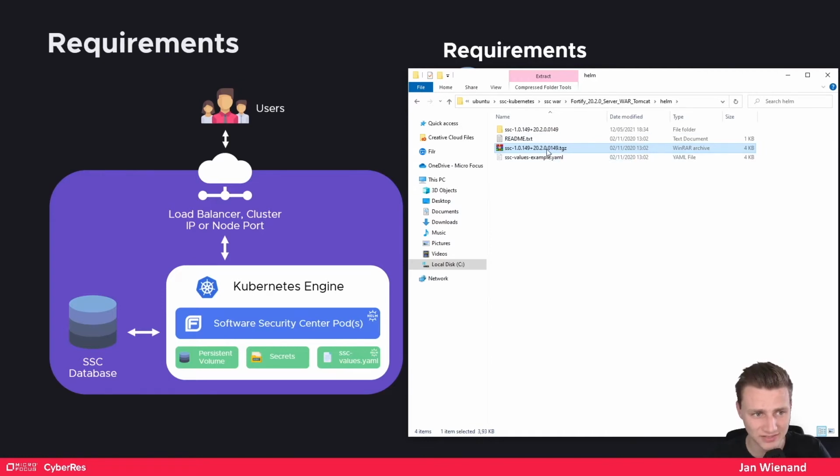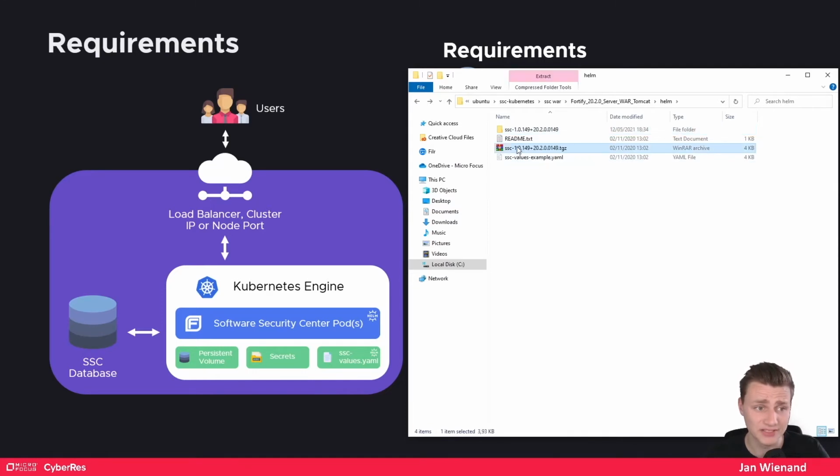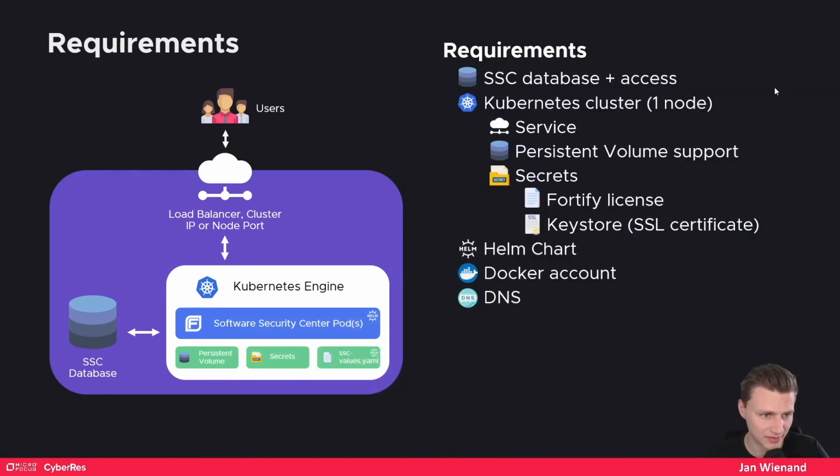And you need this file because this actually provides the Helm charts. So if you have a look inside of here, you can see all the files that you need. But yeah, this is the first thing that you need. And of course, the SSC values example file is also inside of here. So yeah, that's regarding the Helm chart.